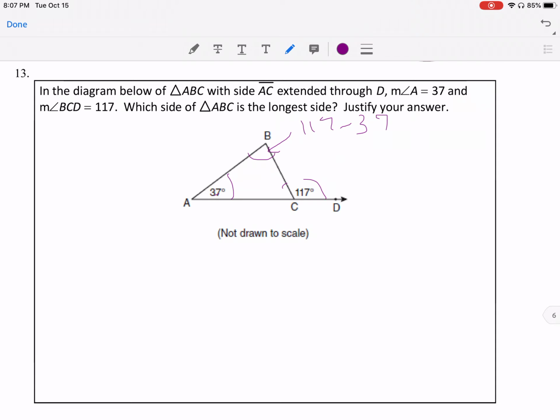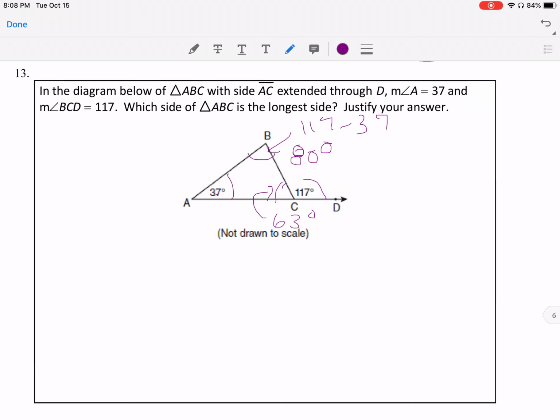We did that whole paper activity. So that's going to be 80 degrees. So this angle right here is 80 degrees. For this right here, this is going to be, I believe, 63 degrees, whether you use the linear pair or that.